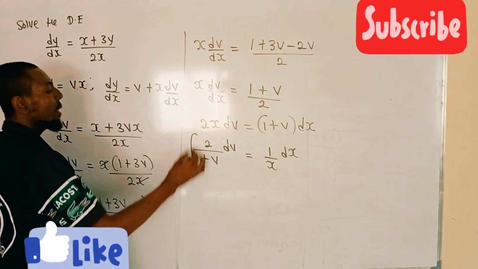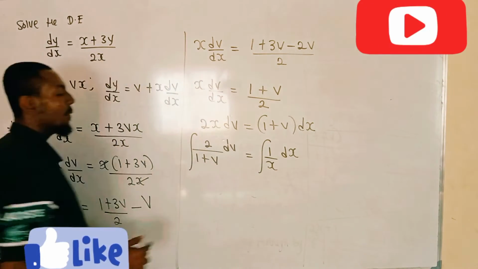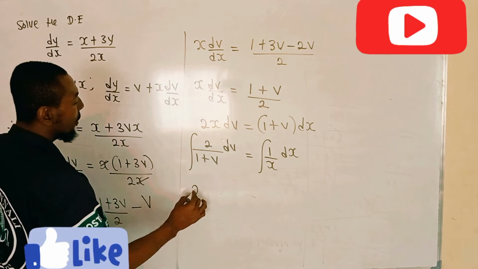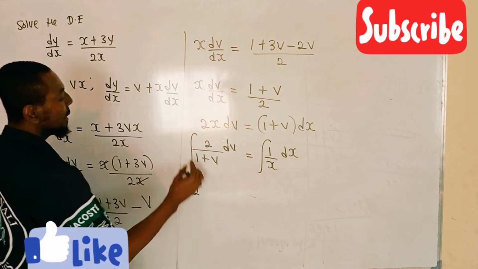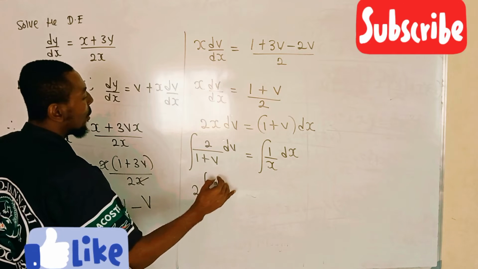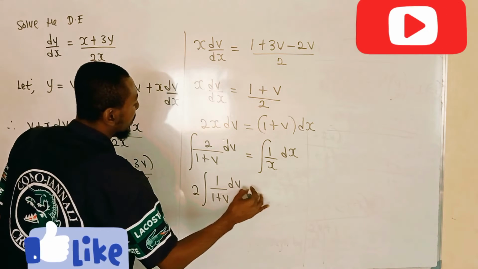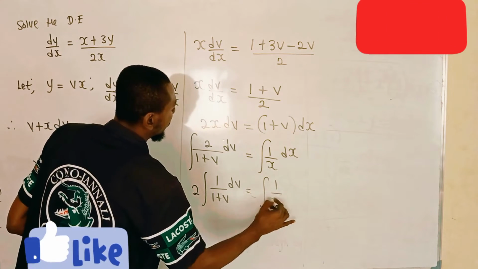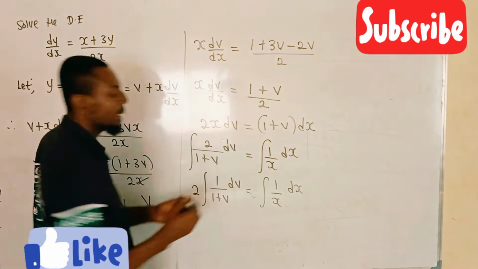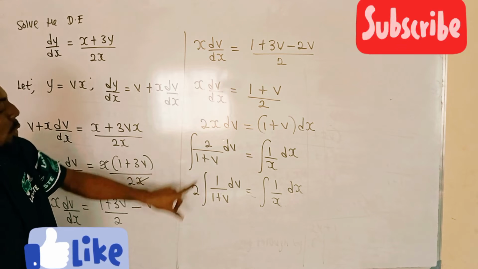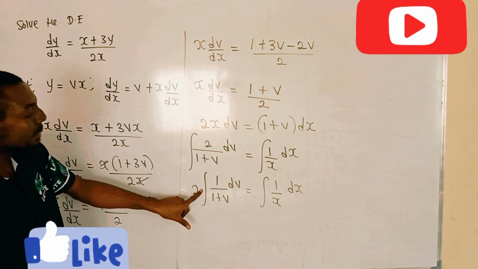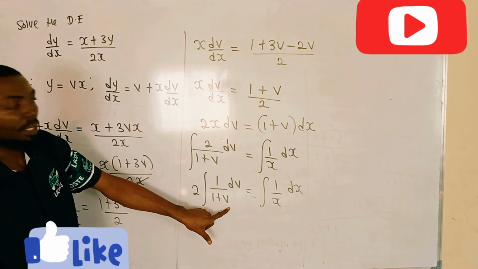Okay, the next step is to integrate both sides. So 2 is a constant, we have our 2, and this is something like saying 2 times the integral of 1 over 1 plus v dv. Just to clarify for some persons who won't get what we're doing. Now 2 is constant, to take it out, we're now integrating 1 over 1 plus v.